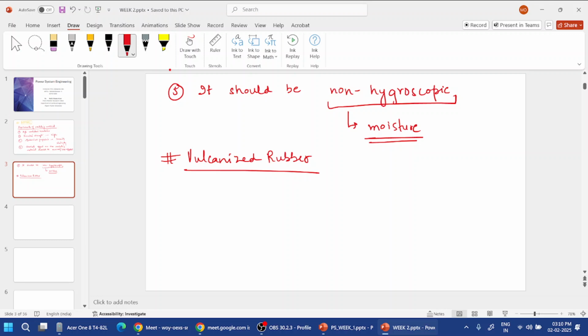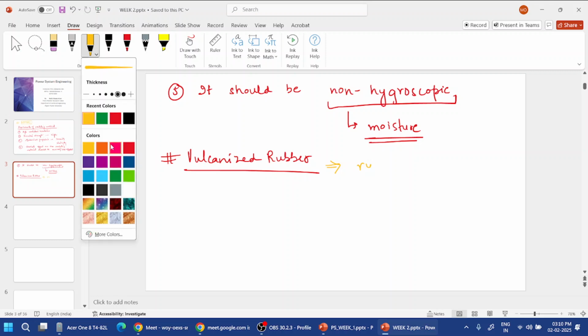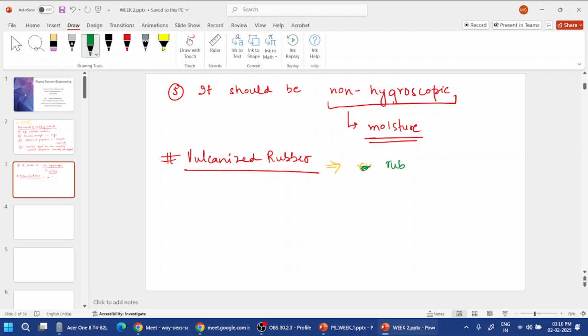What happens here is that in its natural form, rubber absorbs moisture. Then it gets readily oxidized, and when it absorbs the moisture, it loses its dielectric properties.